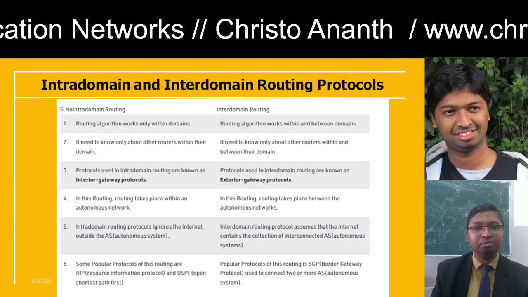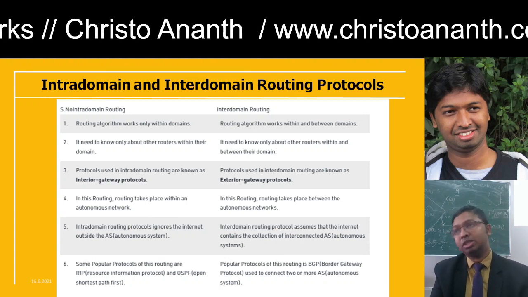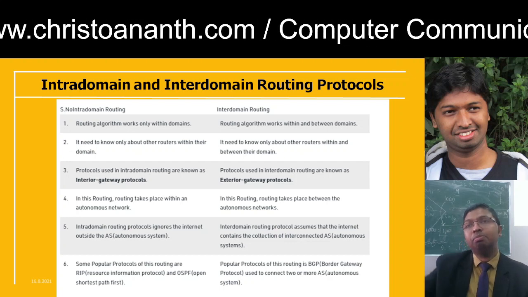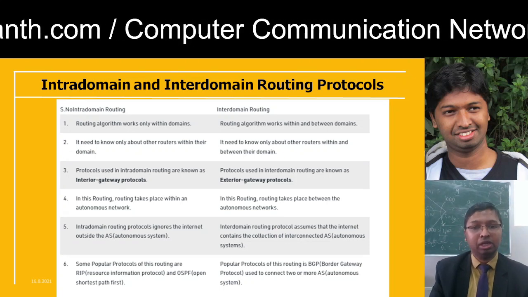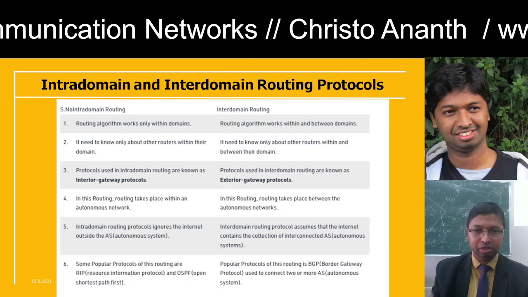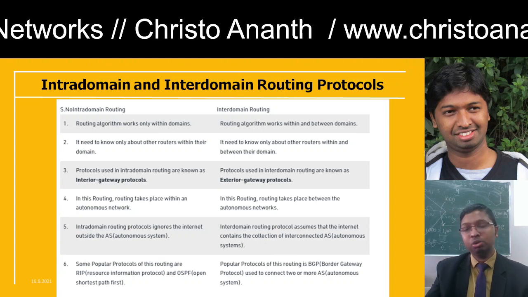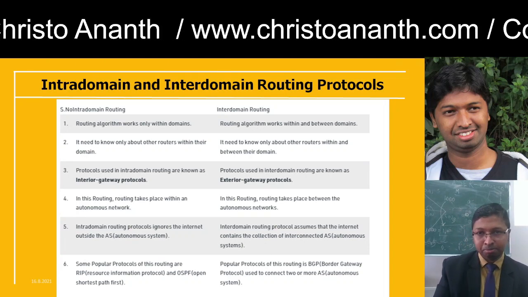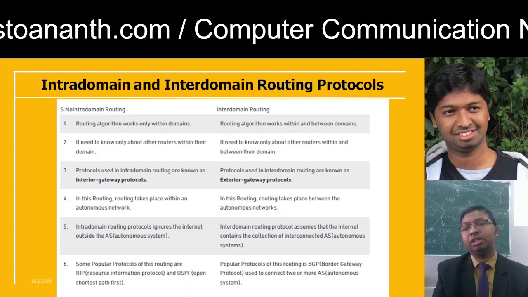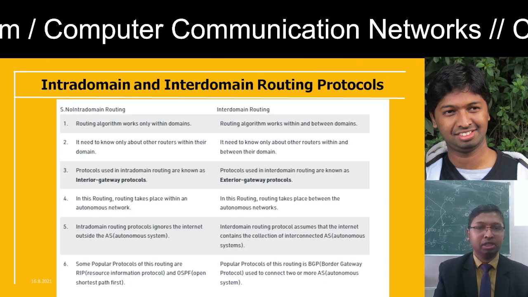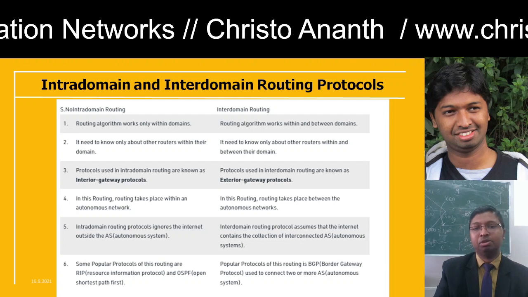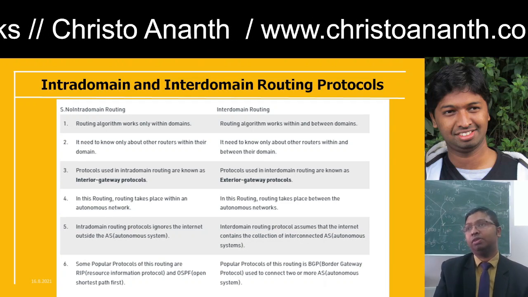In intra-domain, the routing takes place within an autonomous network, but in inter-domain, the routing takes place between the autonomous networks. Intra-domain ignores the internet outside the autonomous system, but inter-domain assumes that the internet contains a collection of interconnected autonomous systems. For intra-domain, we'll use Routing Information Protocol or Open Shortest Path First routing protocol.